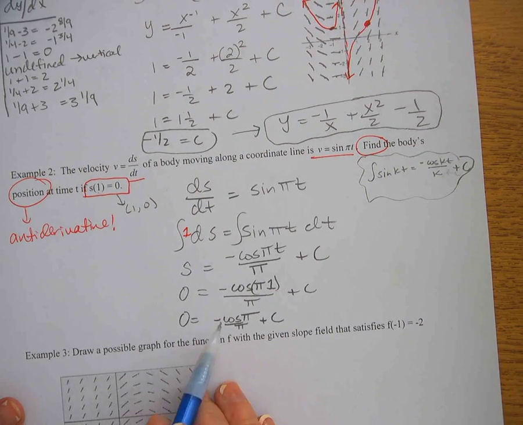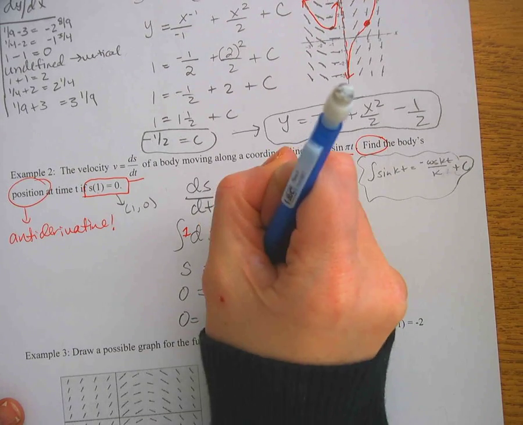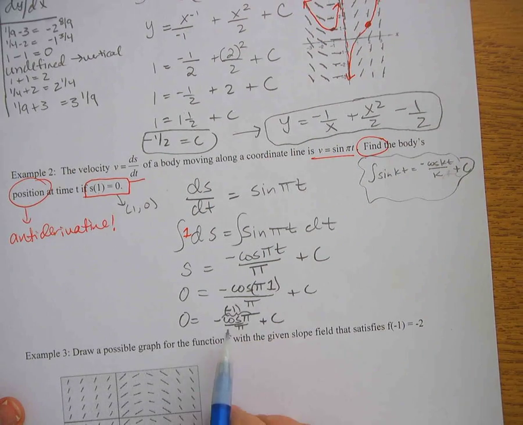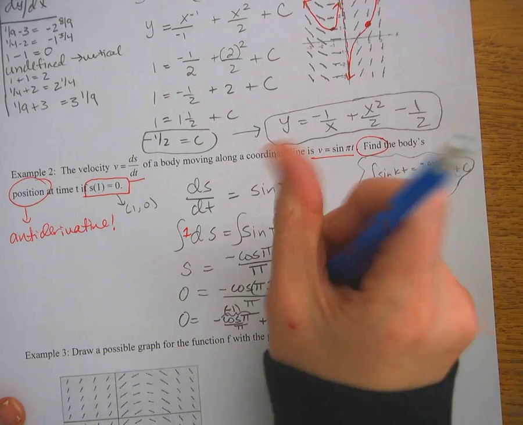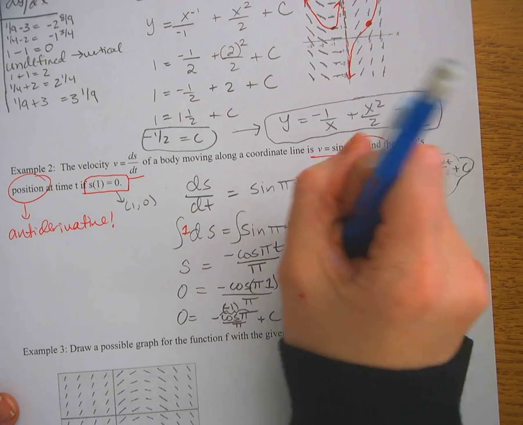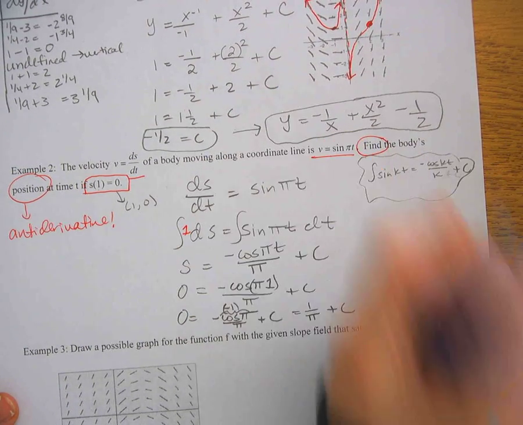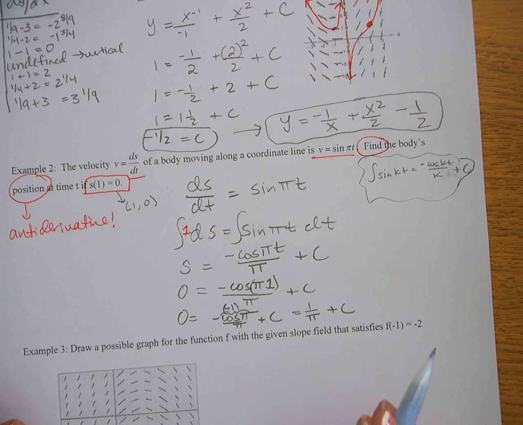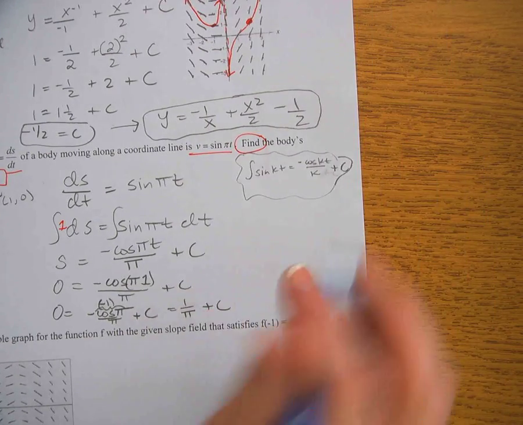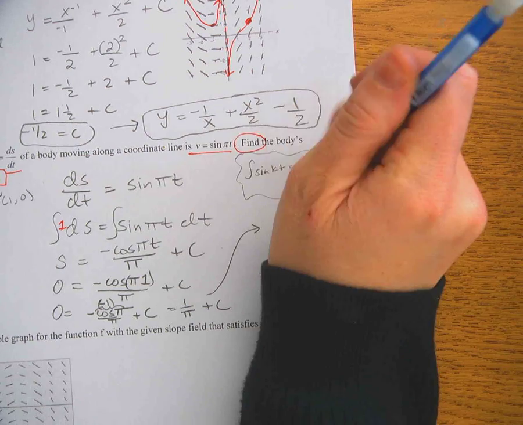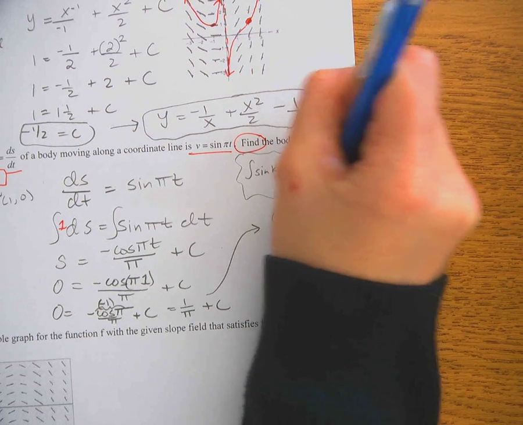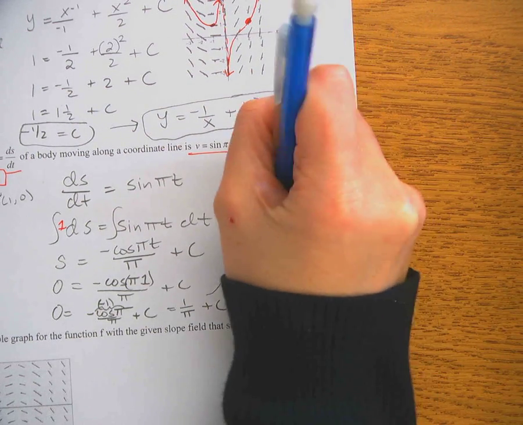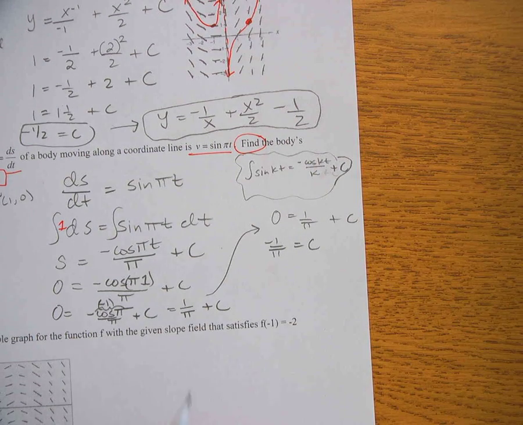And cosine of pi is basically -1. So I have negative 1, which equals positive 1. So I have 1 over pi plus c. So then I have 0 equals 1 over pi plus c, so minus the 1 over pi to the other side, and that's what my c is equal to.